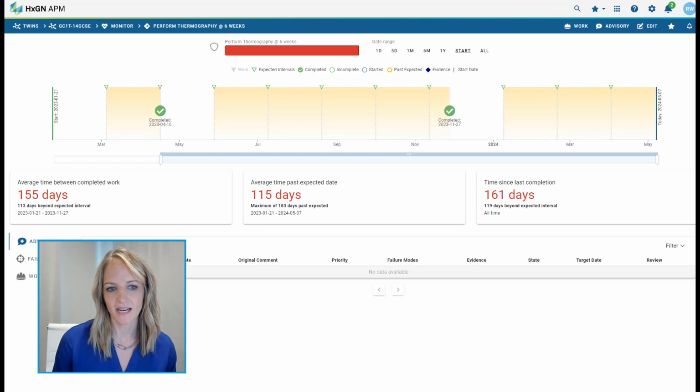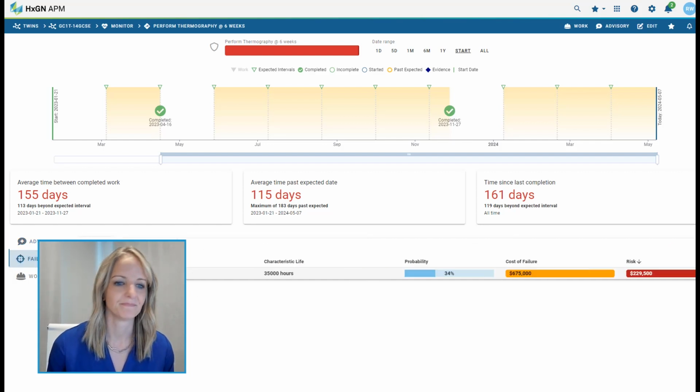And the yellow shaded areas show deviation from that expected PM frequency. Obviously, in this case, the PM is not being done on time. Instead of every 45 days, it's being done every 155 days. And therefore, the health indicator at the top for this particular protection is bright red.